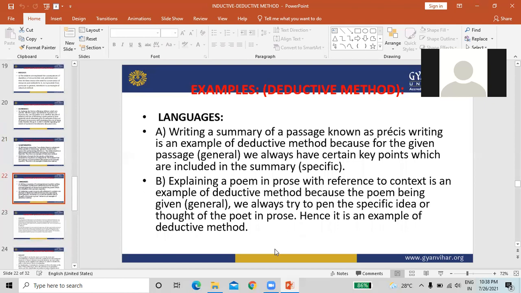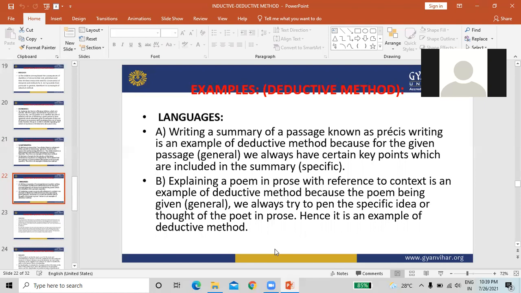Example in language: writing a summary of a passage, known as precis writing, is an example of deductive method because for the given passage we always have certain key points which are included in the summary. Explaining a poem is another example of language of deductive method.